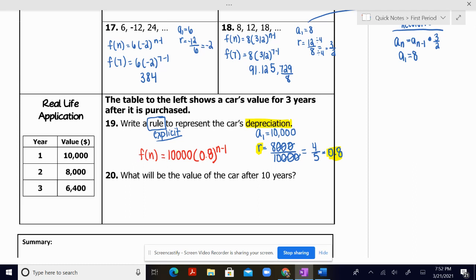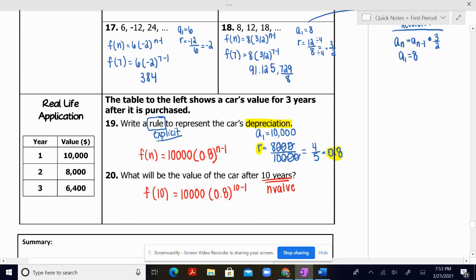If we ask for what's the value after 10 years, then you need to actually plug in and give us a number. So question 20 on this page says, what will be the value of the car after 10 years? So the 10 years is going to be our n value. So f of 10 equals 10,000 times 0.8 to the 10 minus 1.